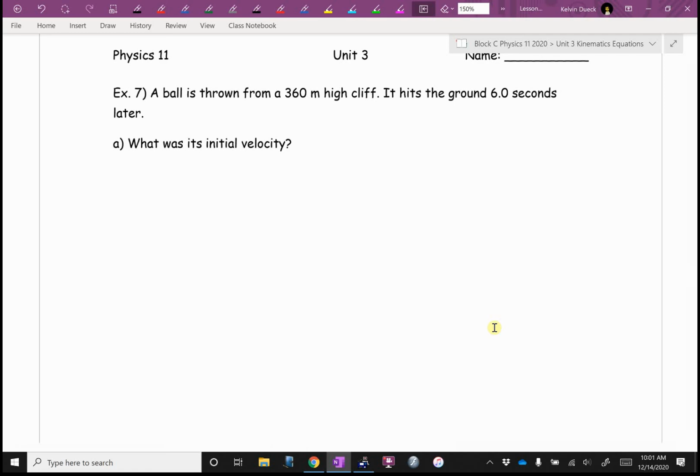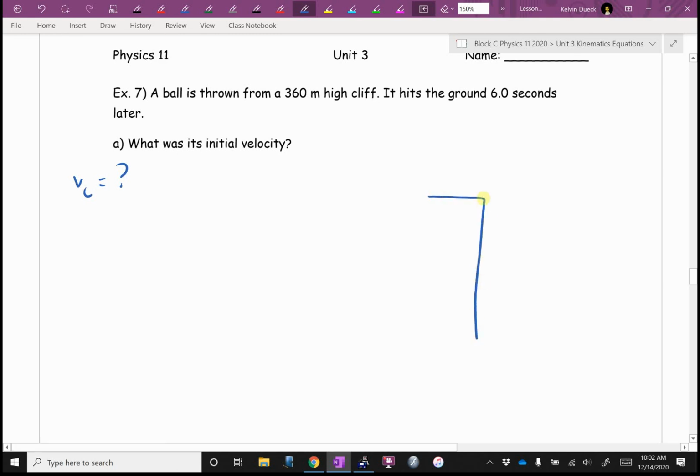Read the question and then ask yourself, what's A asking me to find? And then underneath part A, write down what it's asking you to find equals question mark. VI equals question mark, I think. And again, Claire, same idea.